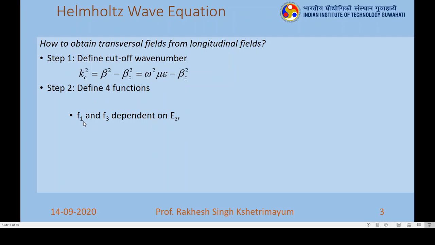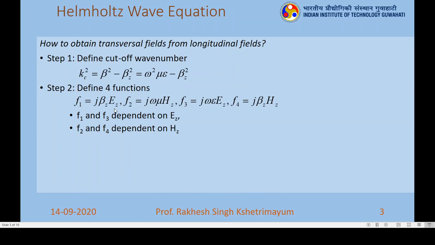We'll observe that function 1 and function 3 depend on the Ez component of the fields, whereas function 2 and function 4 depend on the Hz component. So the relation is: F1 is j beta z Ez, F2 is j omega mu Hz, F3 is j omega epsilon Ez, F4 is j beta z Hz. So for F1 and F4 I multiply j beta z with Ez and Hz, for F2 I multiply j omega mu with Hz, and for F3 I multiply j omega epsilon with Ez. Now I can write down the relations of the transversal fields with these functions F1, F2, F3 and F4.